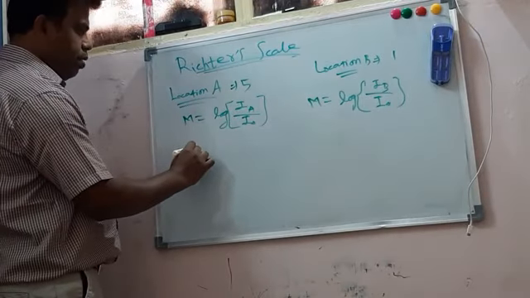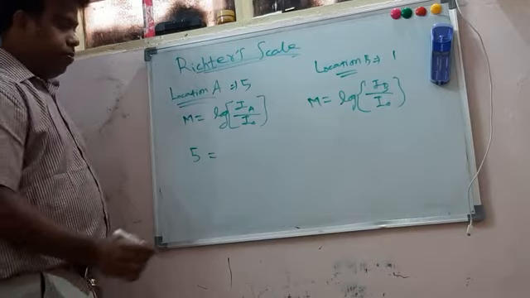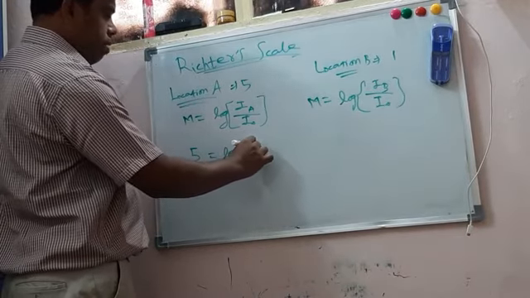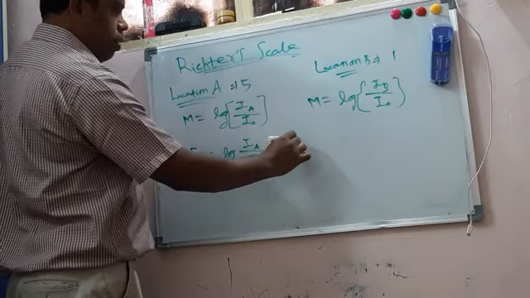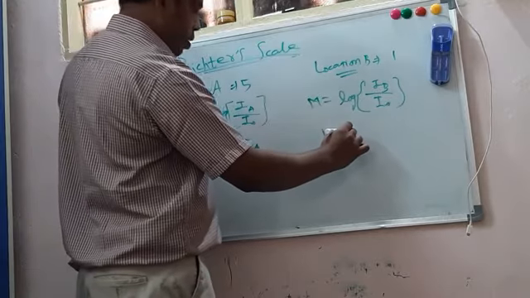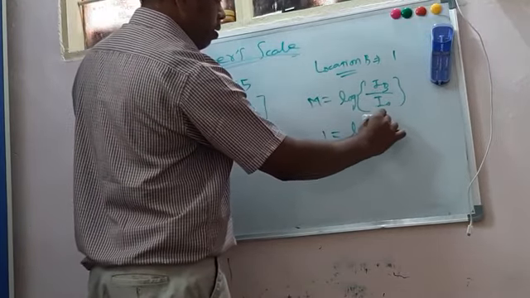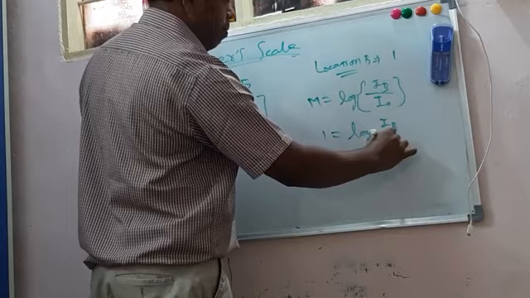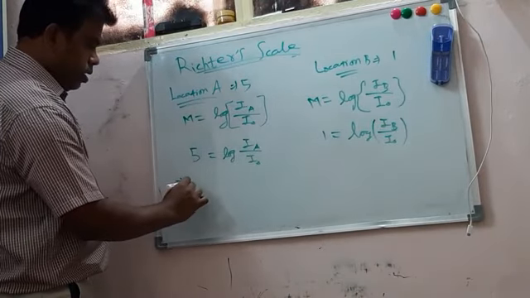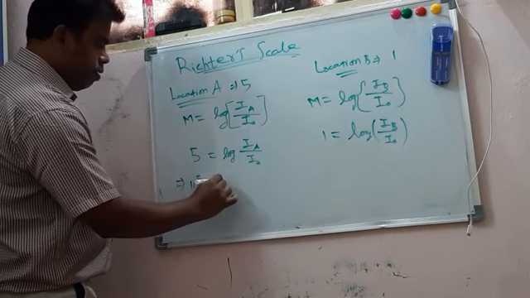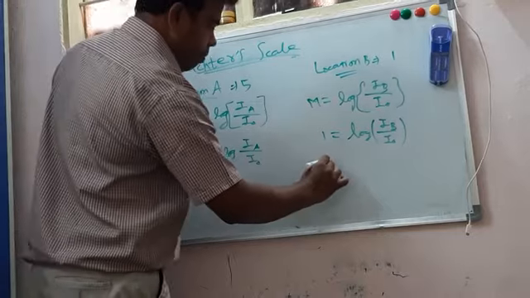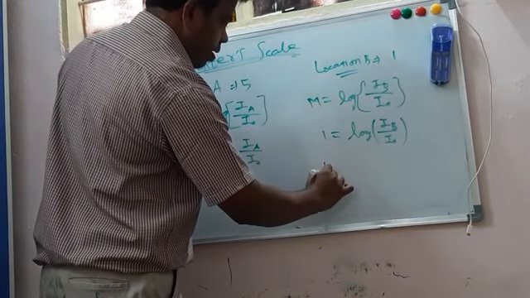So here the magnitude is 5, so 10 power 5 equals IA by I0. Here the magnitude is 1, so 10 power 1 equals IB by I0.